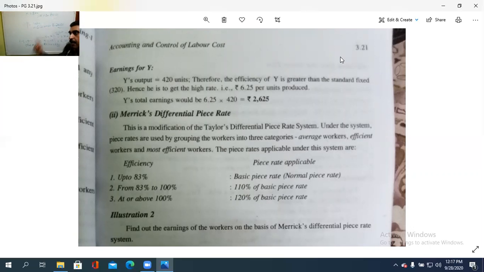But 420 is above standard output, so high efficiency rate. That's multiplied. So X earnings, Y 2625. This is which one? Tailor's differential piece rate system.